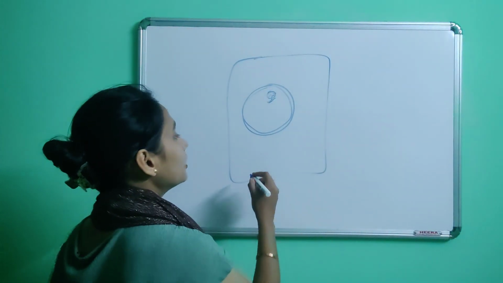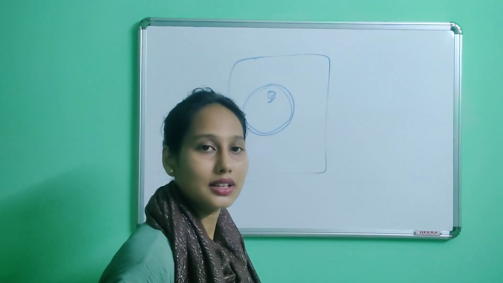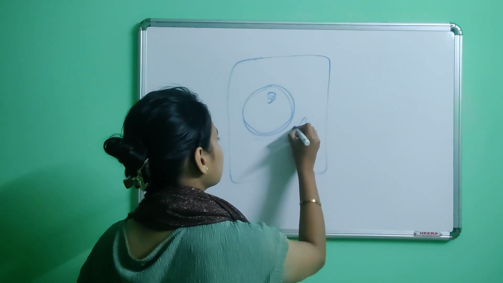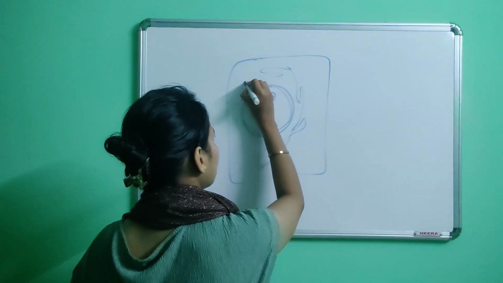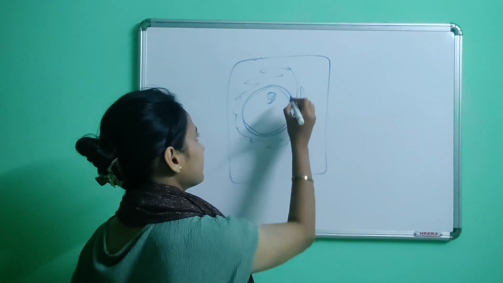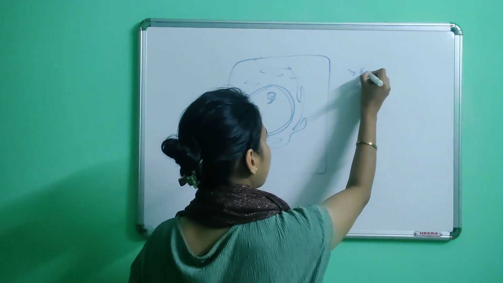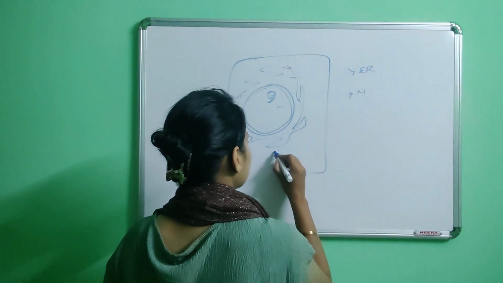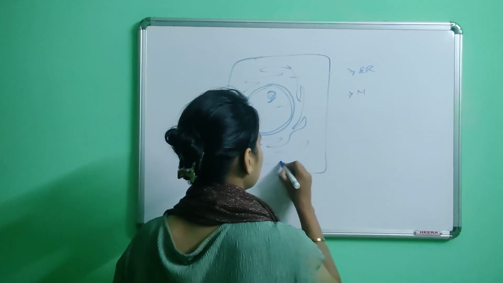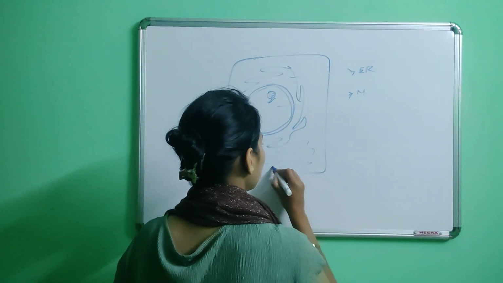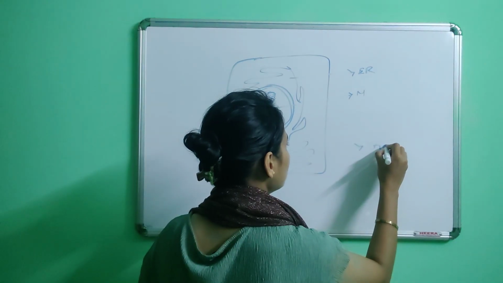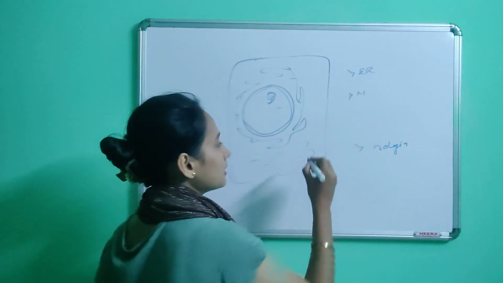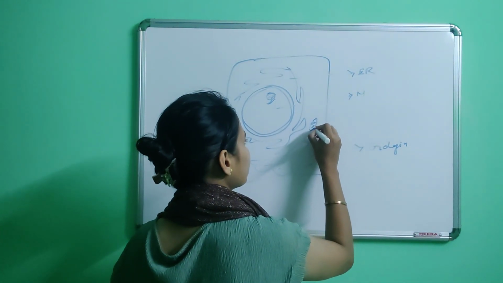Let's know the names of the other organelles in the cell: the endoplasmic reticulum, that is ER, the Golgi body, and in the plant cell, the plastid.